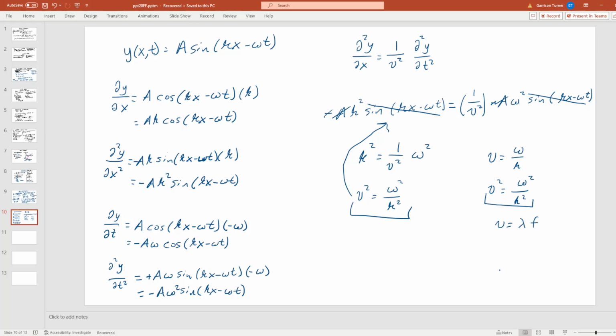And so we can see that the wave equation is satisfied by our equation for y.